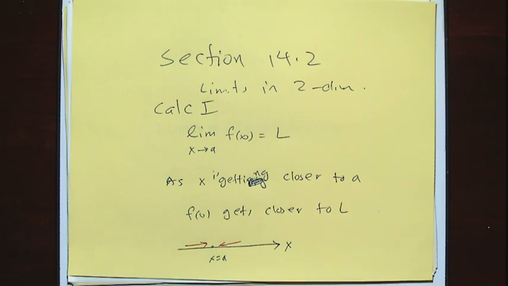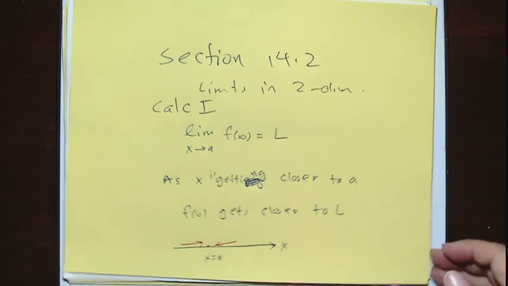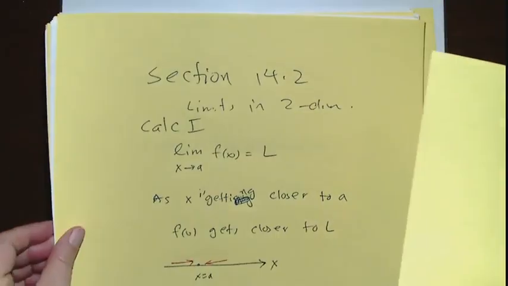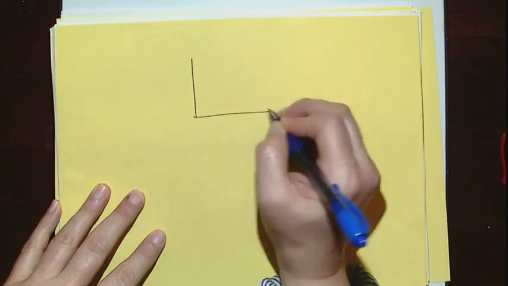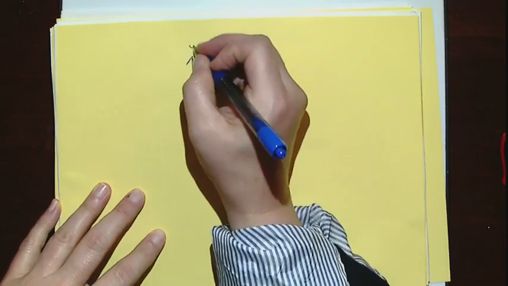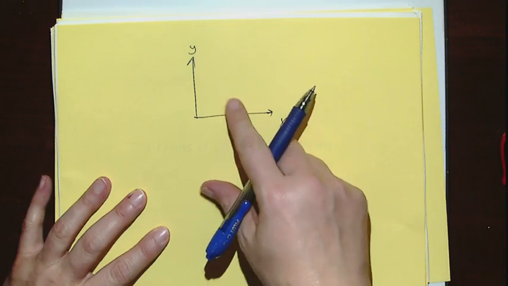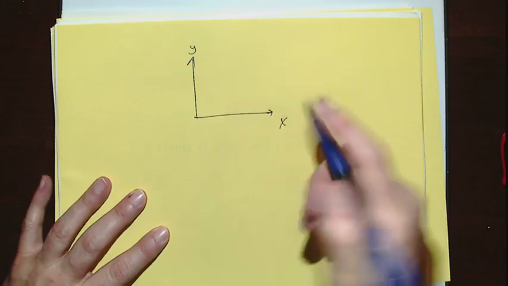Now I'm going to tell you about my dilemma for two dimensions. You ready? Okay. So the dilemma of two dimensions, here's my space, x and y. So what is the point in the input? Let's say the domain is in here, right?